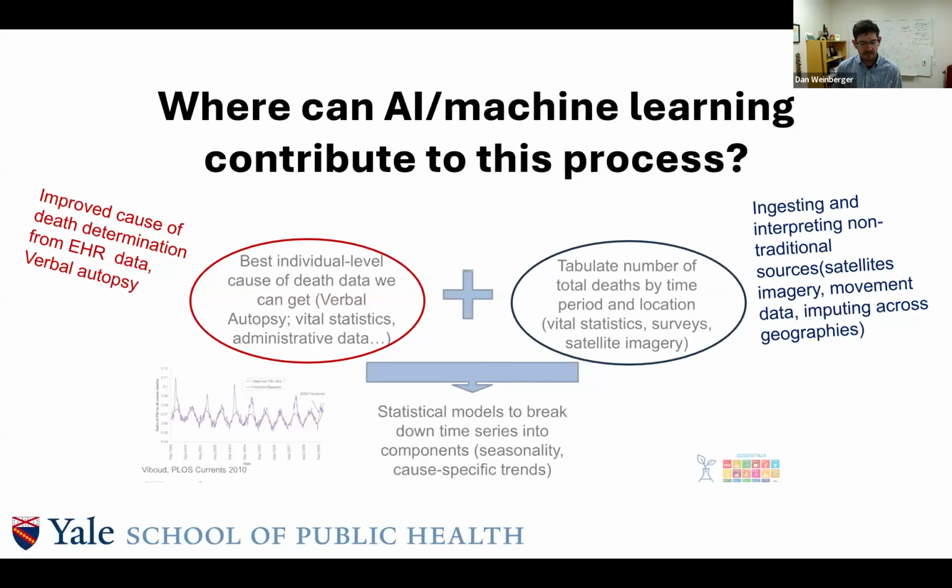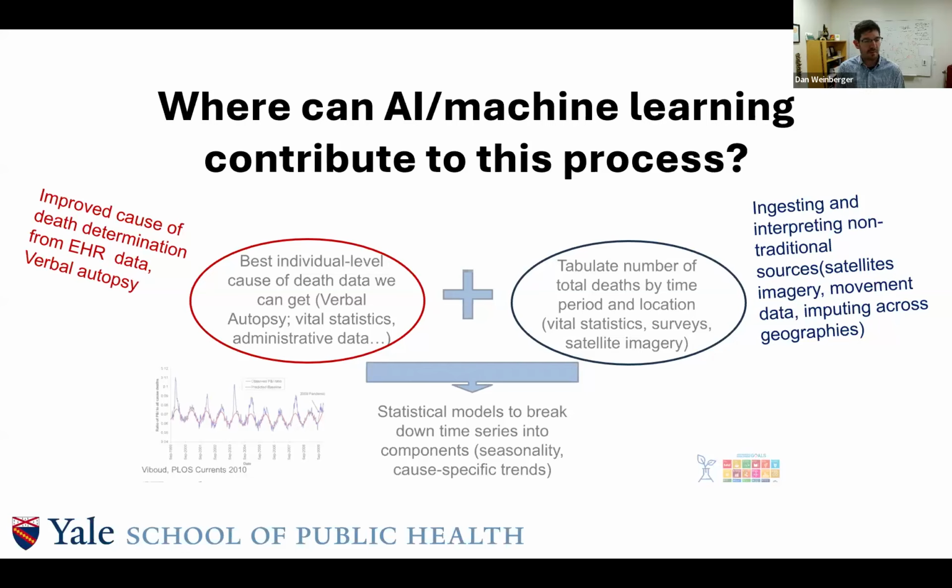So just picking up on the thread from Dr. Flaxman's talk, where can we use AI and machine learning to improve this process? I think the stuff that we heard about in the last talk is really exciting for improving verbal autopsy. I think these types of methods are already being used also for improving cause of death assignment using traditional death certificate data and administrative data as well.